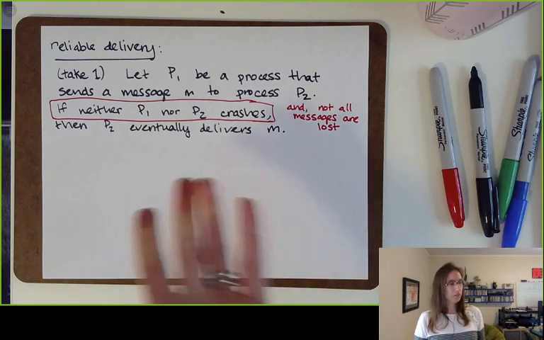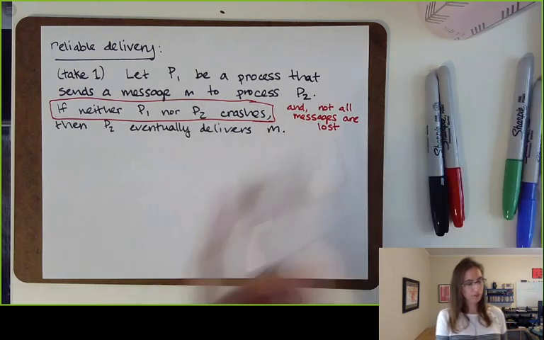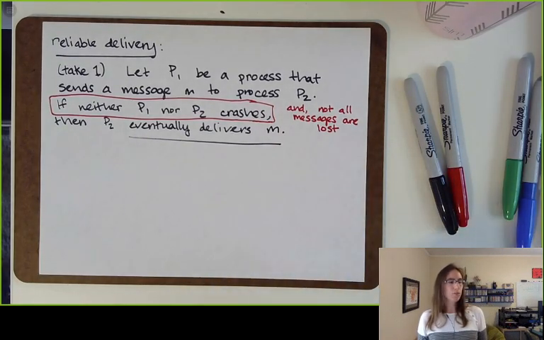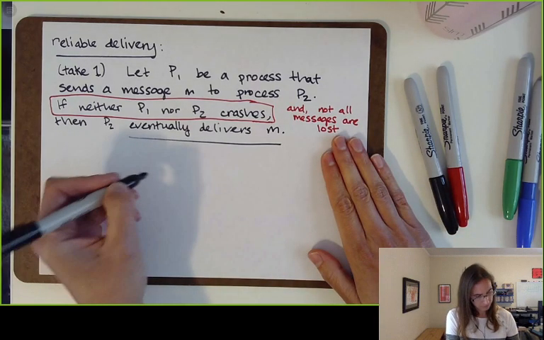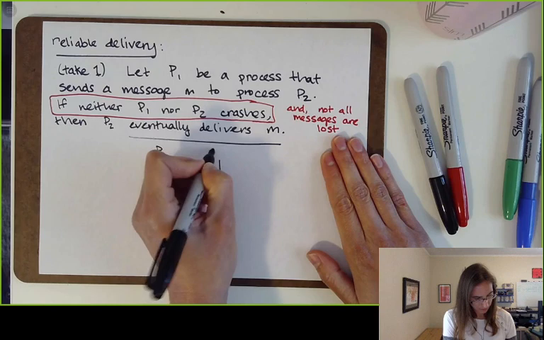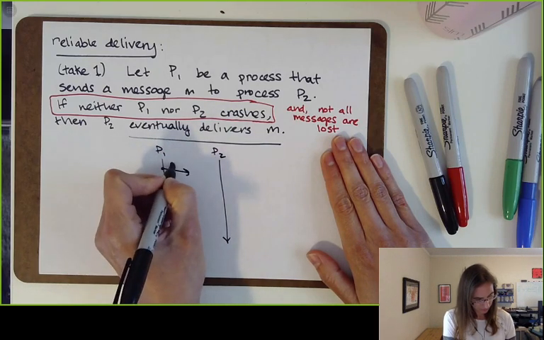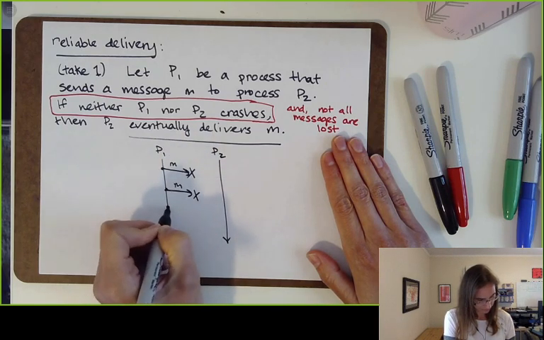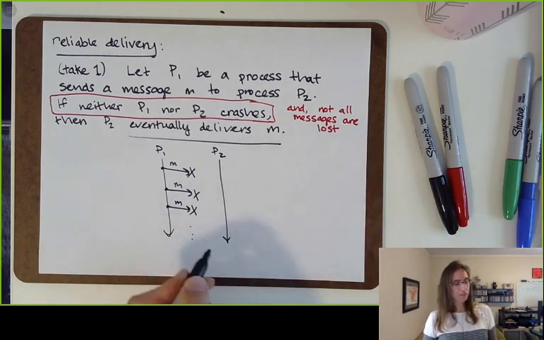Okay, so why is this a liveness property? Well, it says that a good thing eventually happens, which is the eventual delivery of this message M. And we know that it can't be violated in a finite execution, because even if P1 is making lots of attempts to deliver M, and all those attempts are failing, it doesn't mean that it's not going to succeed on the next try.